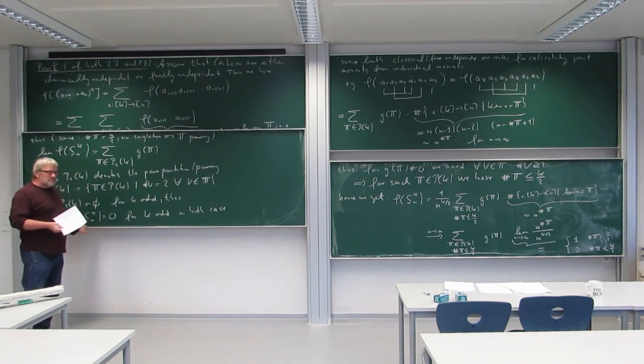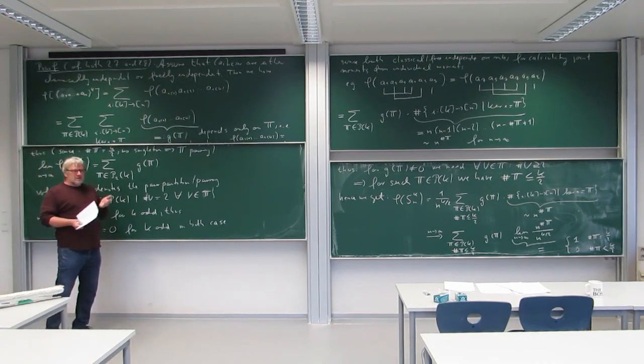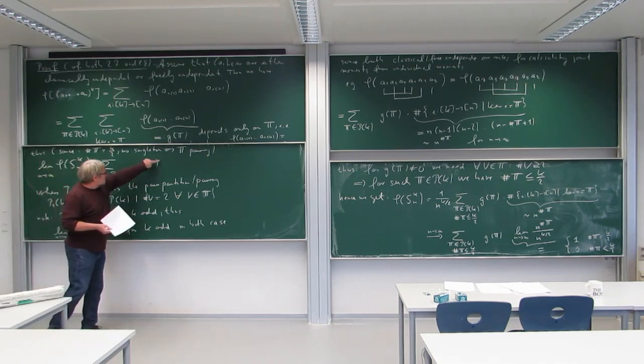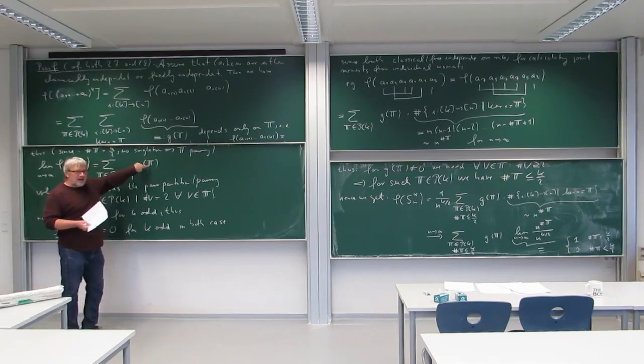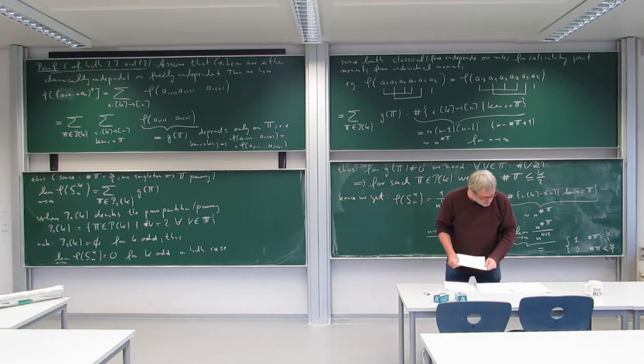But of course, now we really want to look at what the even moments are. And we know they are different. Now we have to distinguish between whether we are in the classical case or in the free case. And of course, the difference will be that this g of pi will be different in both cases. So we have now to look at those.